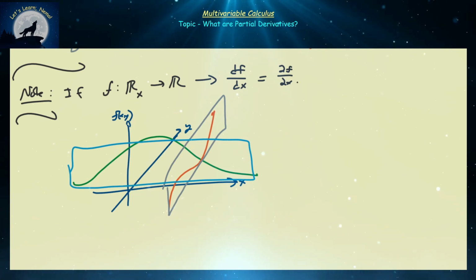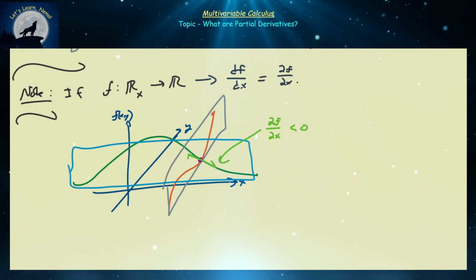So how can we interpret the partial derivative? If we only consider this multivariable function in the x cross-section, then you're going to see that this curve is decreasing in that particular direction. So the partial derivative of f with respect to x will be less than 0 at this particular point.